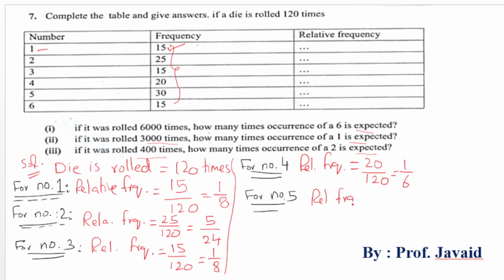Relative frequency for number 5 is 30 divided by 120, which will be 1 by 4.